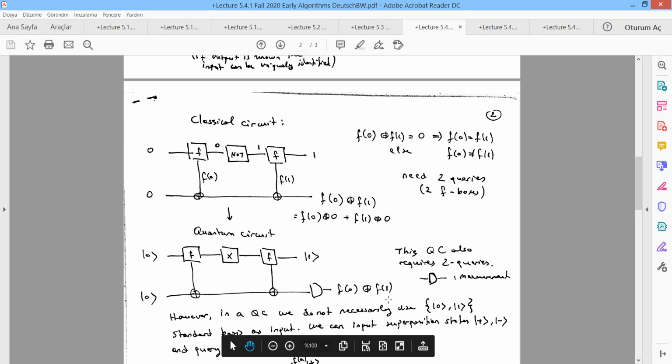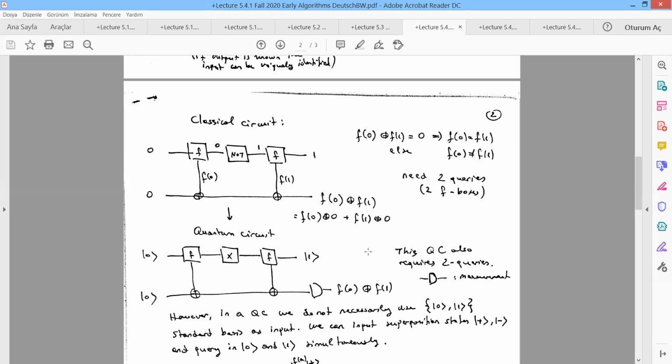But this quantum circuit also requires two queries. This is one query, and this is two. This is the second query, and this is the measurement. So just by naively converting a classical circuit to a quantum circuit by replacing the corresponding gates did not produce any benefit as compared to the classical case.